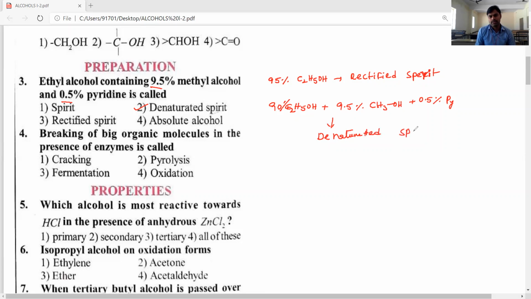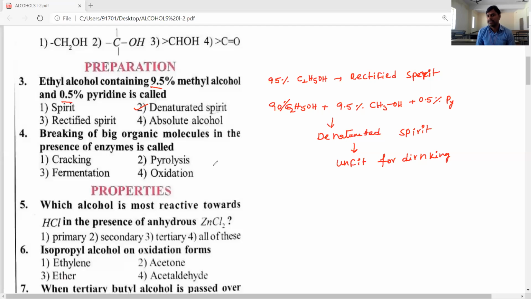Denatured spirit is unfit for drinking. If anybody drinks this denatured spirit, what happens? They lose eyesight, and sometimes they will die also. If they take more quantity, they will die. Otherwise, they lose their eyesight. That's why this industrial spirit or denatured spirit is unfit for drinking.